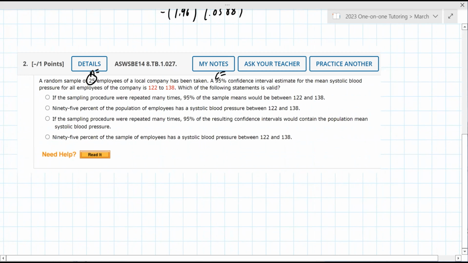A 95% confidence interval for the mean systolic blood pressure for all employees of the company is 122 to 138. Which of the following statements is true? Okay, this is just a pure sort of definition. I believe this third one is correct.